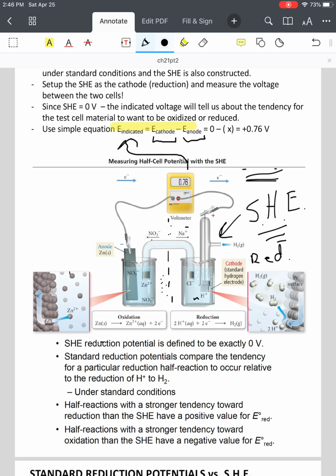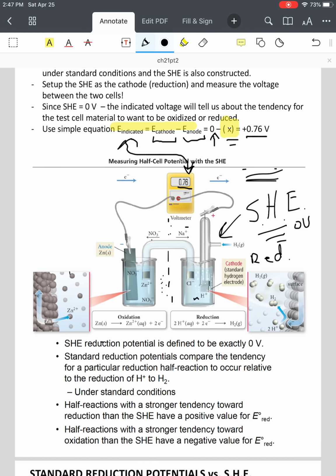Now we can only find the difference, we can only measure this difference. But if we make the cathode or the hydrogen electrode 0 by default, remember that was the 0 volts, we can plug a 0 in for that one, and because we can measure what the voltmeter actually reads for any test cell we want to, and plug that in, here that's positive 0.76, I can figure out my key crucial information from my test cell.